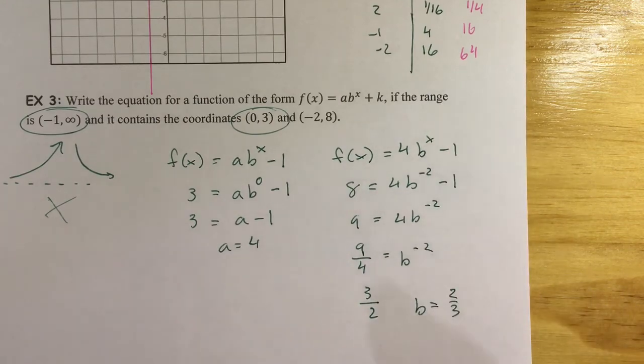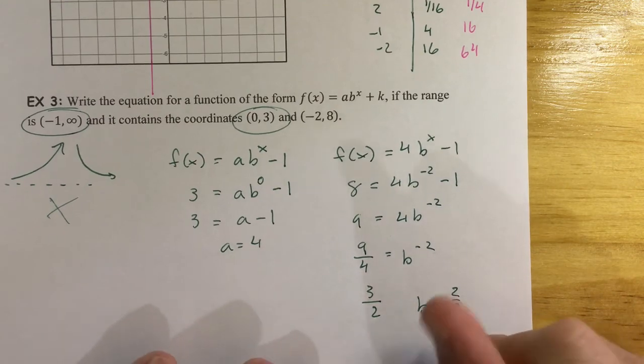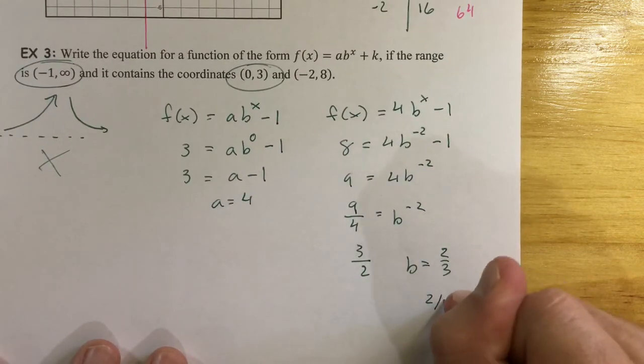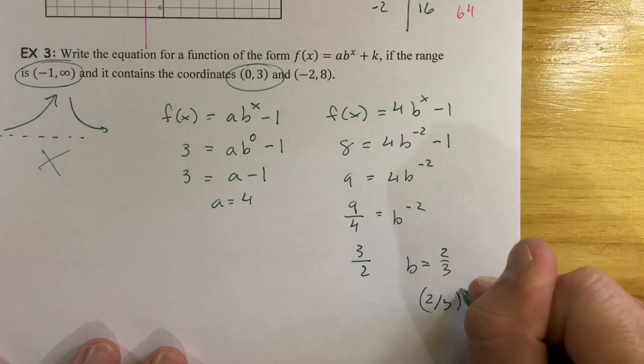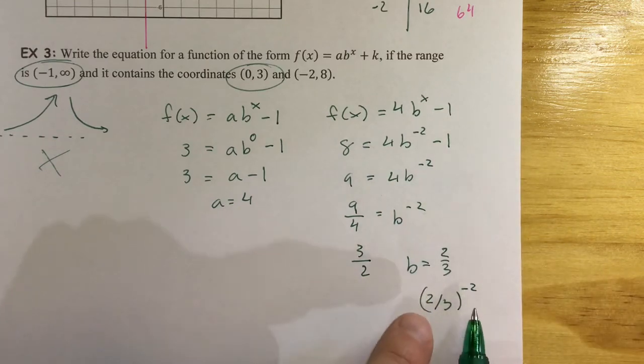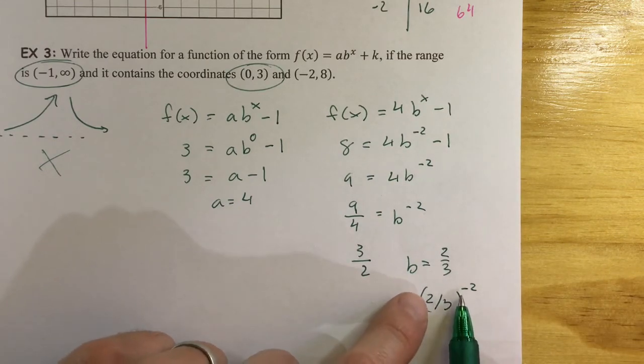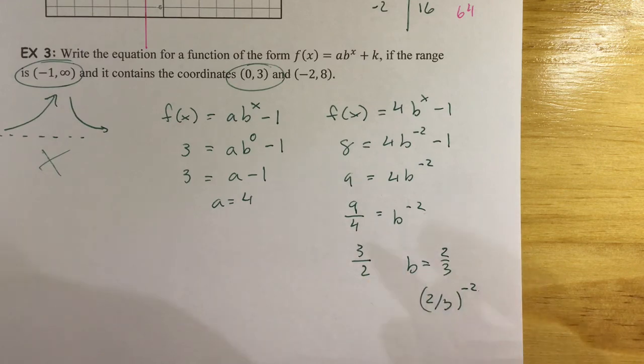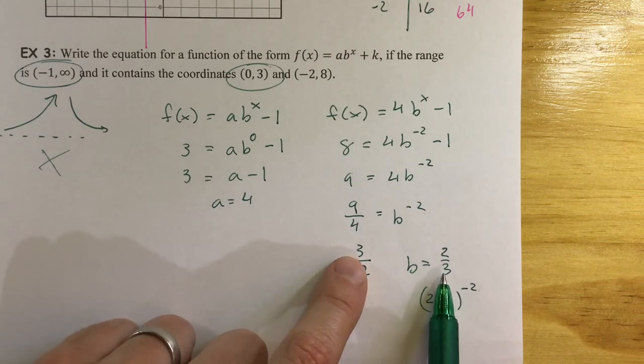It might make a little more sense if you think about taking that 2/3 and raising it to the negative 2 power, thinking as if you're going forwards in the problem. That's going to flip it over, and then the 2 is going to be squared, and you get to your 9/4. So that part is a little bit of mental math, and there is a way to algebraically show how you're undoing it, but I think it's important to understand the concept of what the negatives mean.